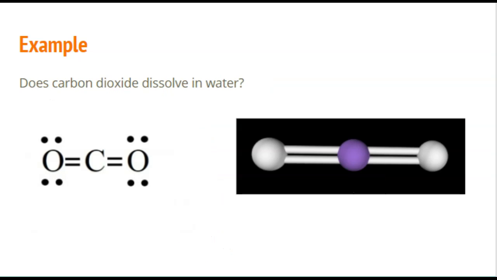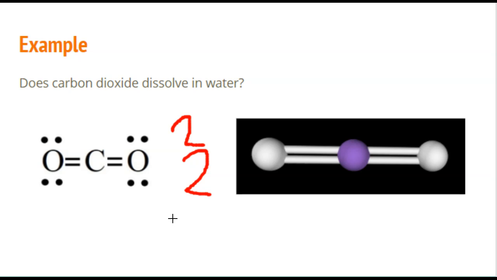The next example is carbon dioxide. And again, we look at this and we count electron domains and bonding domains. Again, this has 2 electron domains, 2 bonding domains. Everything so far seems to come back to these electron and bonding domain things. Okay, so 2 and 2, we look it up.